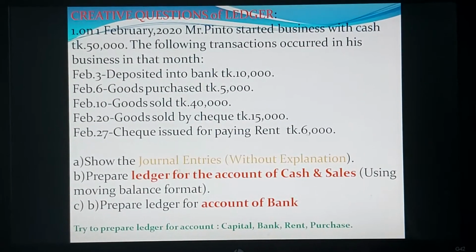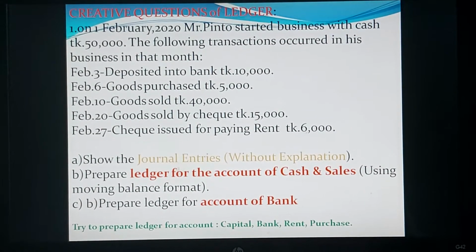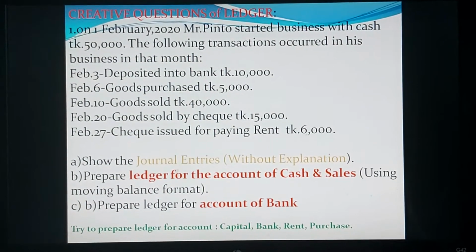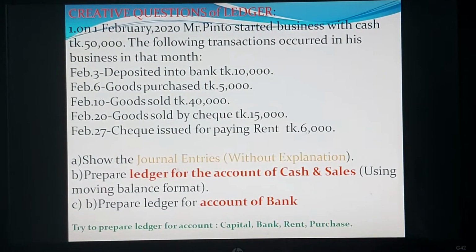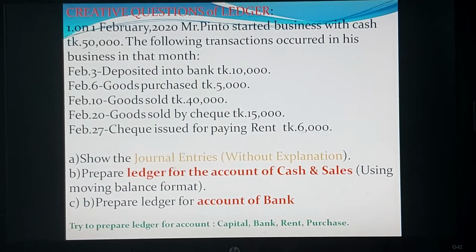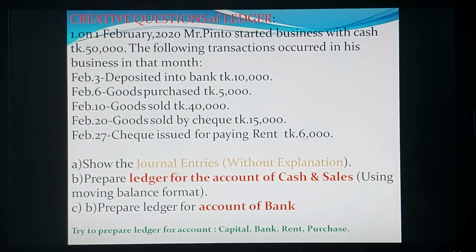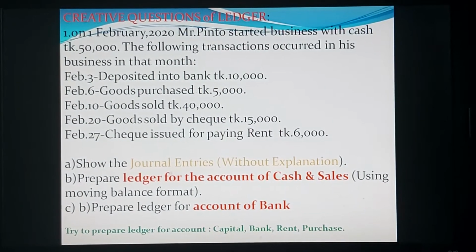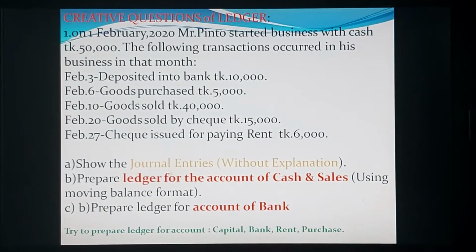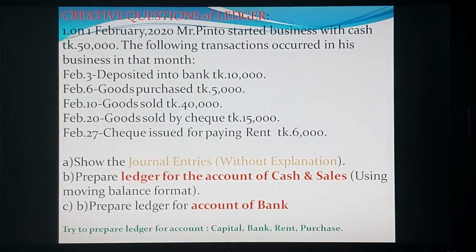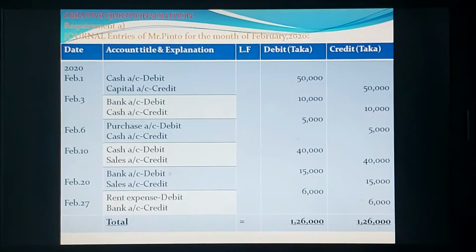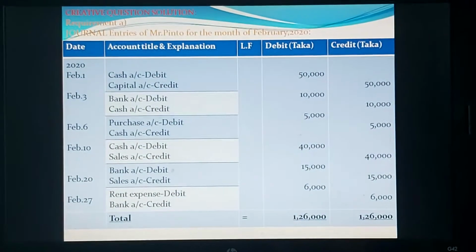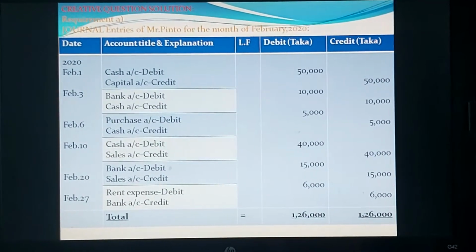So you can write for this transaction, for journalizing, rent expense debit, bank account credit. All transactions are completed for journalizing, that is journal entries. Now you can see in the next slide the answer of requirement A, you can match with your answer in your copy.